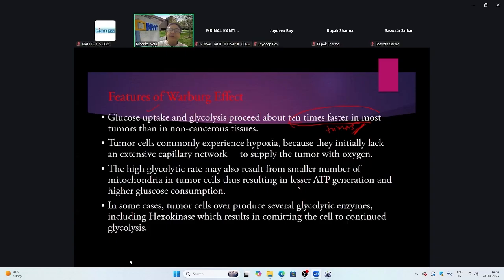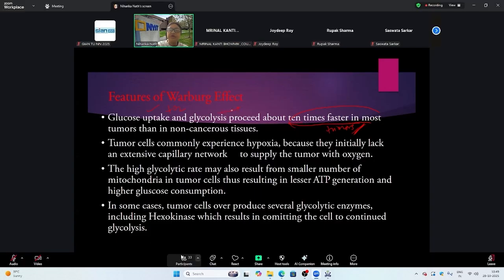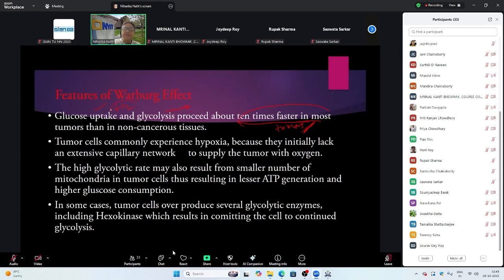Now, because the tumors are not taking up any oxygen, they're not using the oxygen. For glucose breakdown, for efficient breakdown, we do need oxygen.